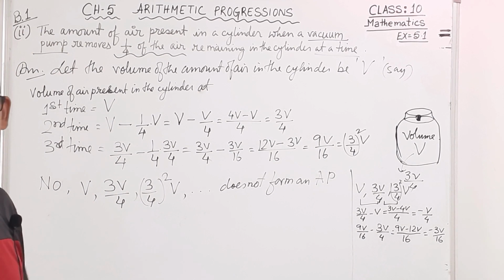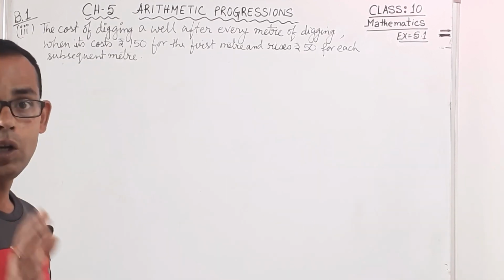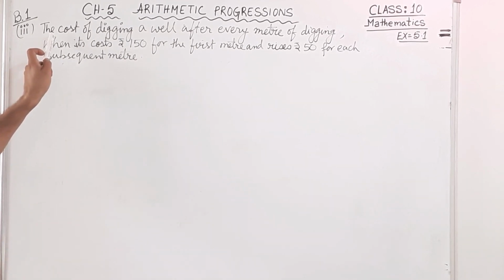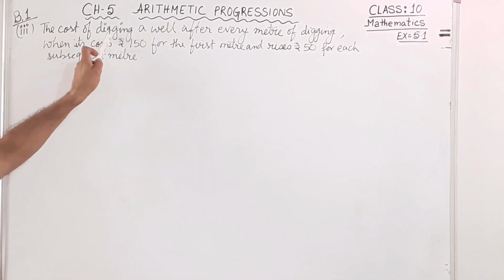Now we will move on to the next sum. Now question number B1, Roman 3. Let us see what they are asking. The cost of digging a well.